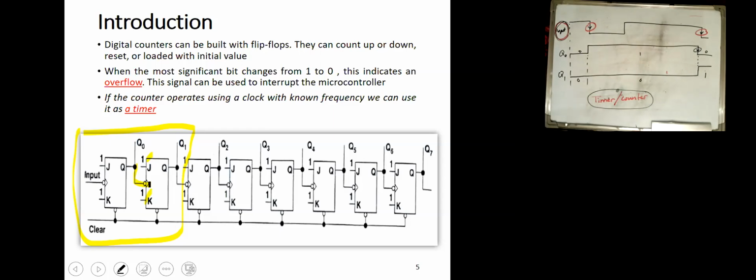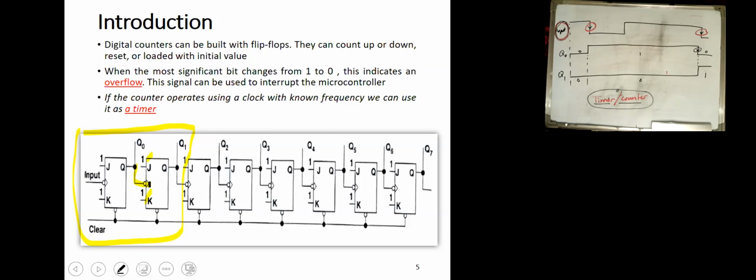You can connect it to the oscillator, or you can connect it to some external input so that you can count events, asynchronous or aperiodic events. So sometimes they call it a timer, sometimes they call it a timer/counter. It depends how you clock this hardware, whether using a periodic square wave or an aperiodic signal.